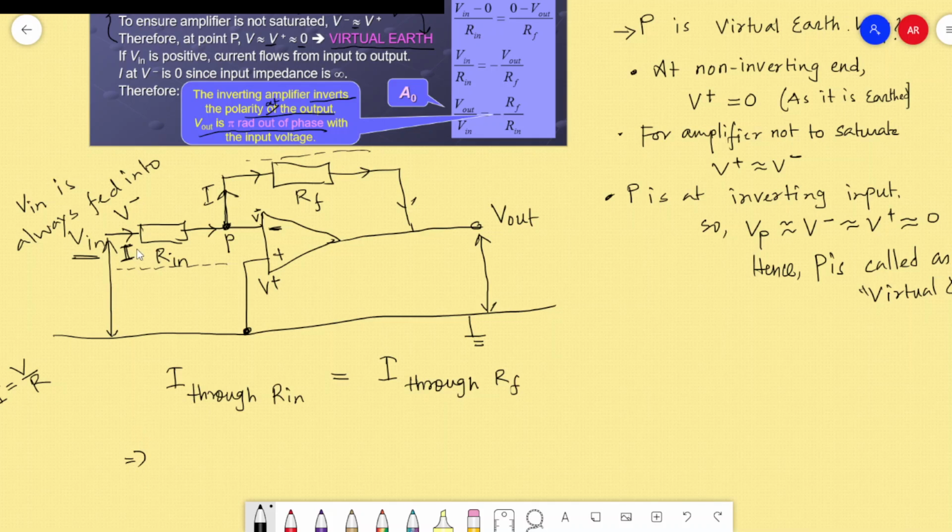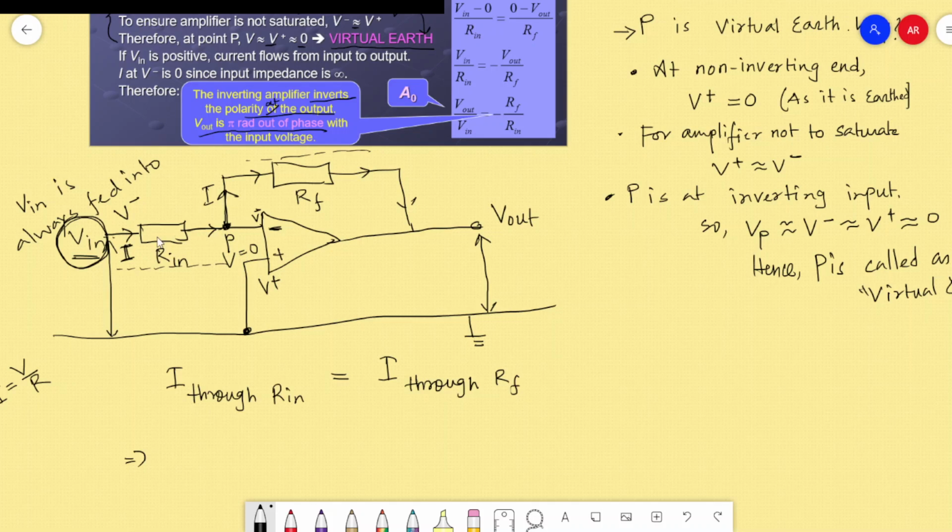So what is the voltage with respect to the input resistance? We are giving the input voltage here, and because of that input voltage, this current is flowing through this input resistance, and right here at point P the voltage is 0 because P is at virtual earth.